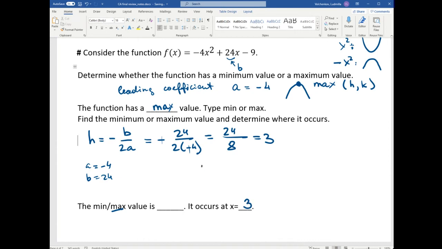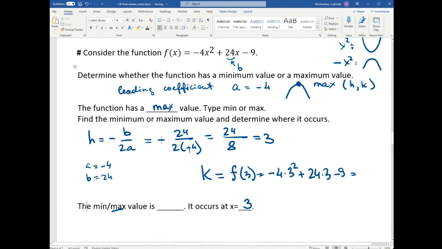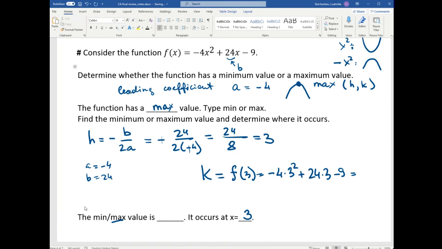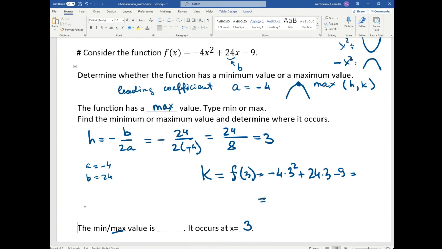And what is this value? The maximum value can be found by substituting 3 into the equation of the function, f of 3. We must find f of 3. So -4 times 3 squared plus 24 times 3 minus 9. Negative 4 times 9 plus 24 times 3 is 72 minus 9, which is 32.